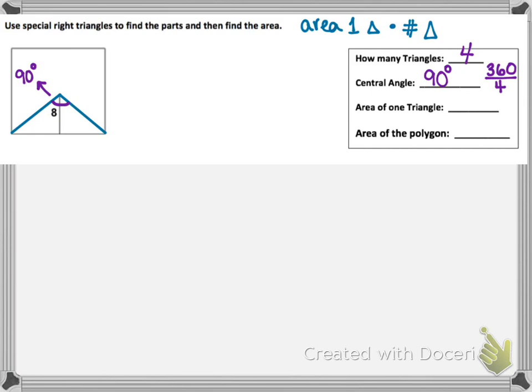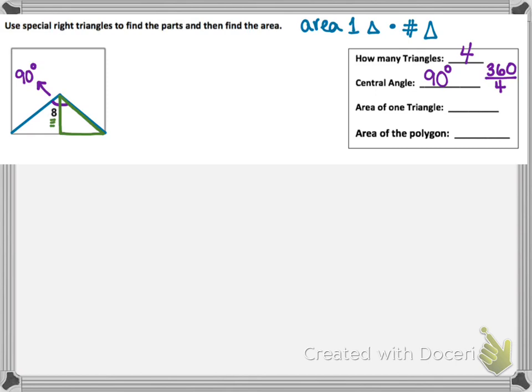The next thing we want to do is look at this green triangle that I am tracing out right now over in the corner. Now, that apothem, that vertical line that has an 8 right here, here's my apothem, I just underlined him. He's going to come down and cut that central angle right in half.